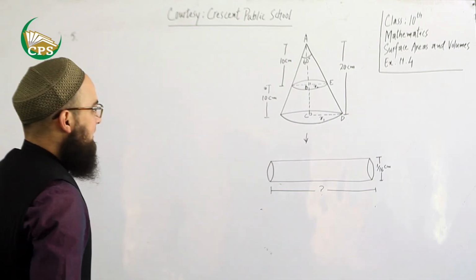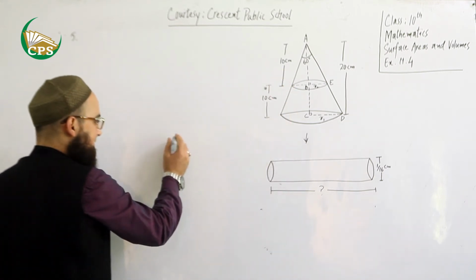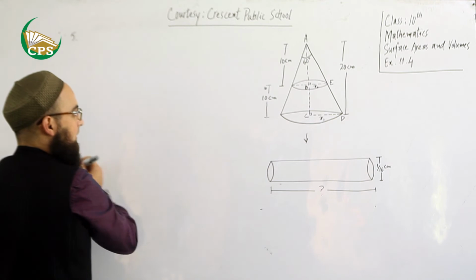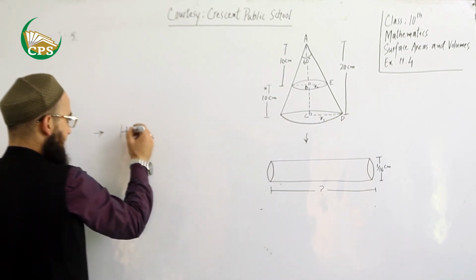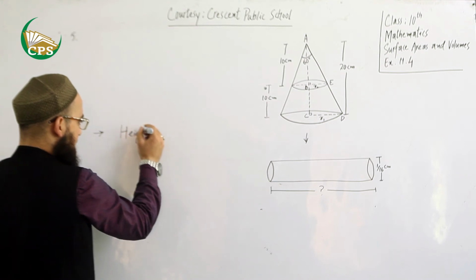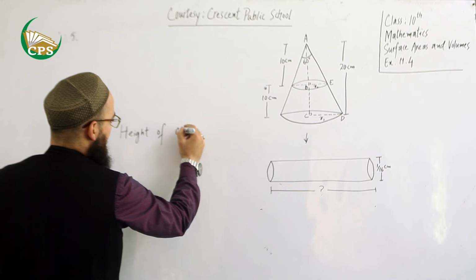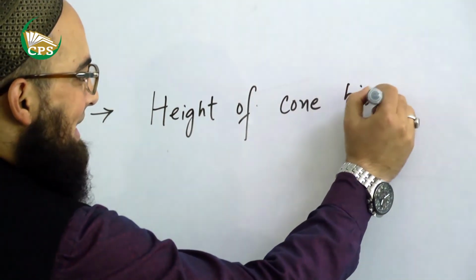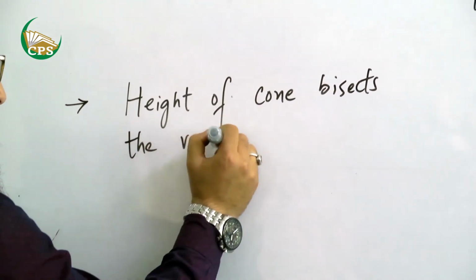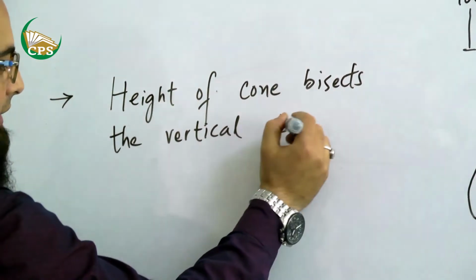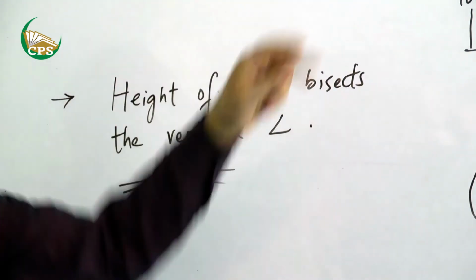Now let us start from this vertical angle. Remember one thing again, remember this point: height of cone bisects the vertical angle.